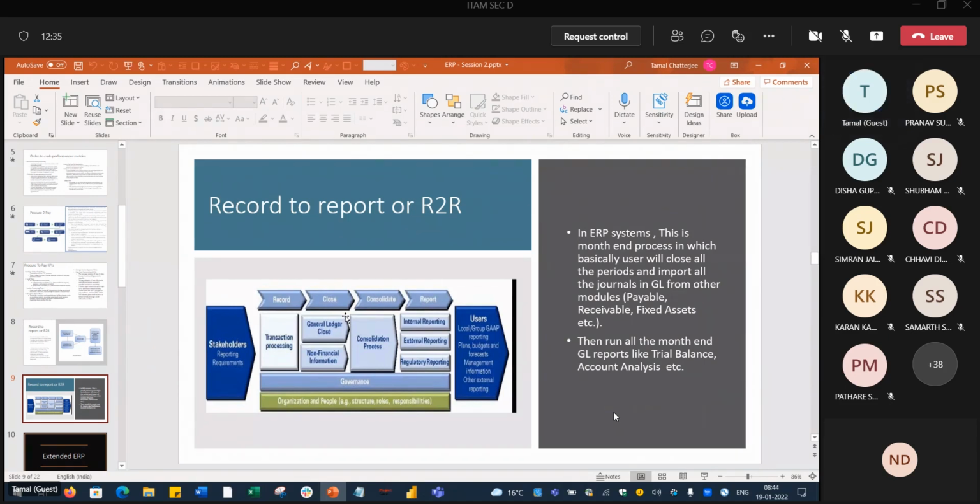Especially the year end, in March or December in some cases. In the US it is December. During these year ends, the R2R people who are managing the finance and accounts remain very busy.